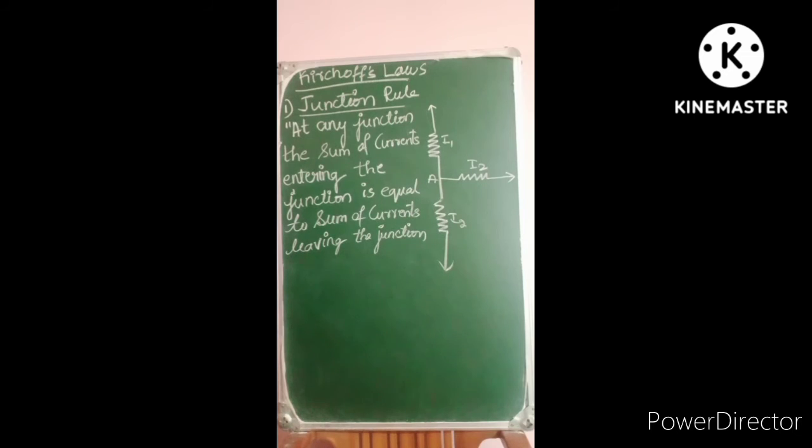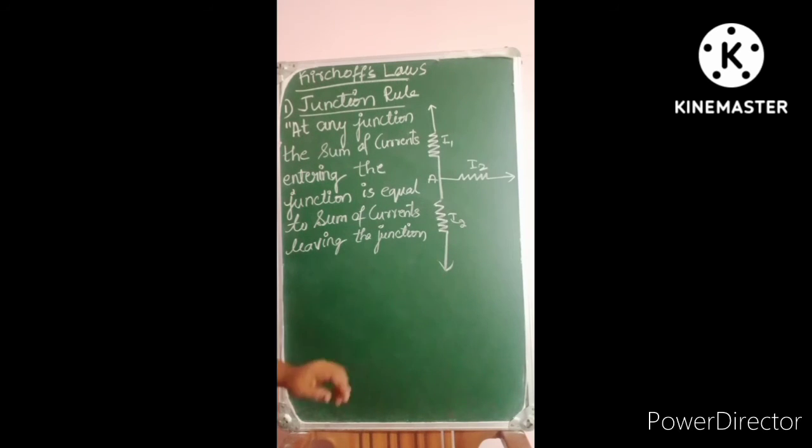In this video you are going to study Kirchhoff's laws. These Kirchhoff's laws are used to analyze complicated circuits. There are 2 laws, Kirchhoff's first law and Kirchhoff's second law. The first law is called the Junction Rule or the KCL law, Kirchhoff's current law. This is the diagrammatic representation of Kirchhoff's first rule.